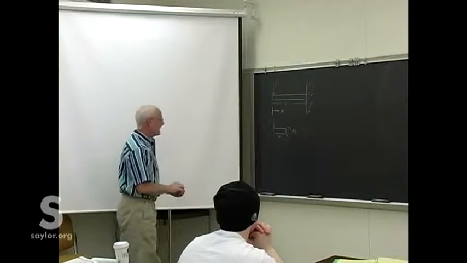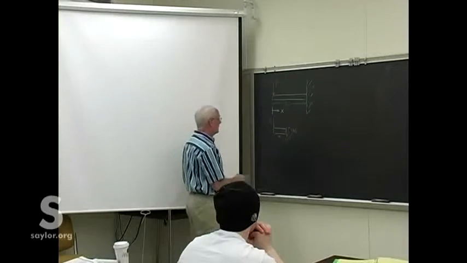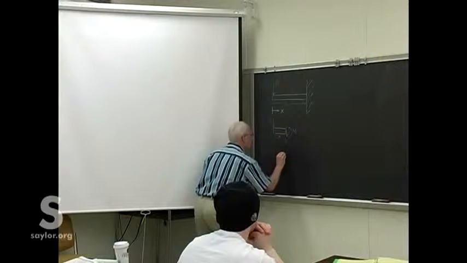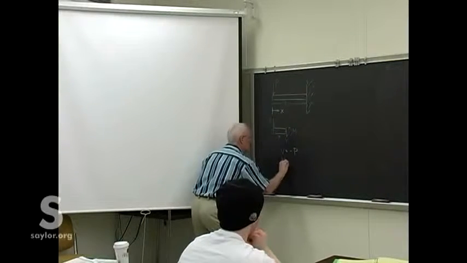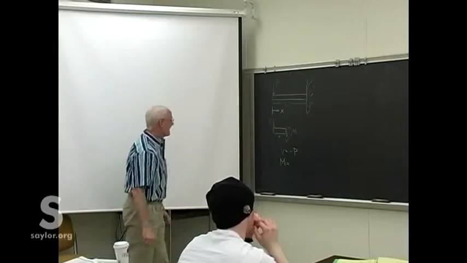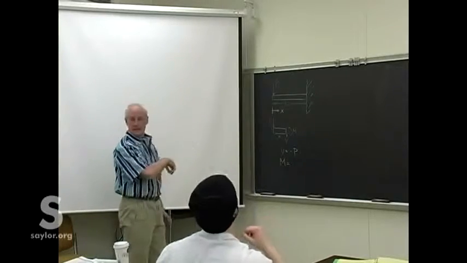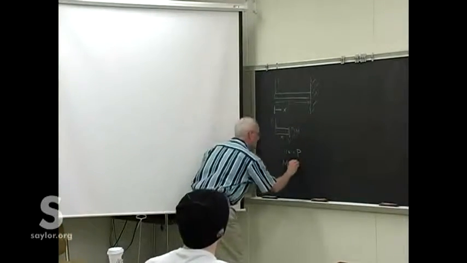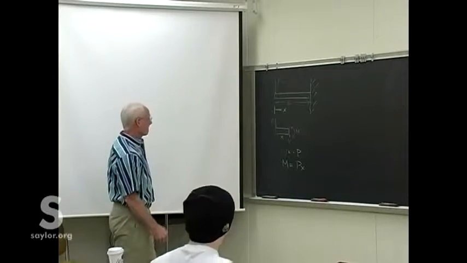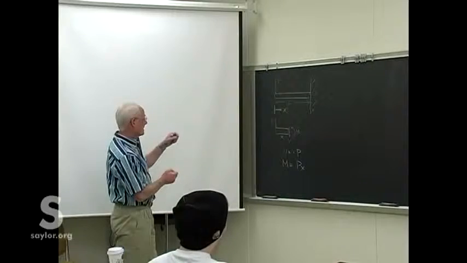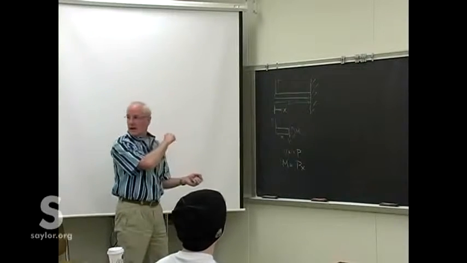So there's our free body diagram for this simple beam. We know that V equals minus P, and M must equal Px, and we'll need a minus sign in there.